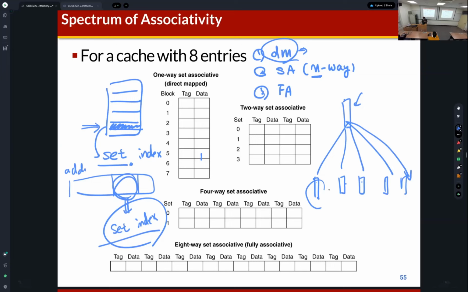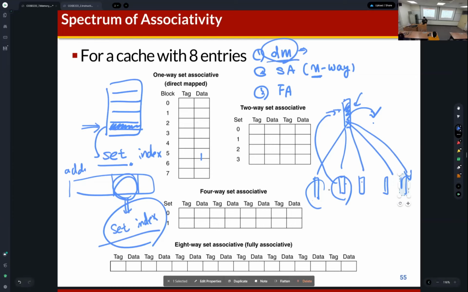If this set is already occupied by a previous request, and another memory block is requested to occupy this target set, then the previously allocated block needs to be evicted, kicked out from the cache. So this is the direct map cache, because it can include only one block per set.